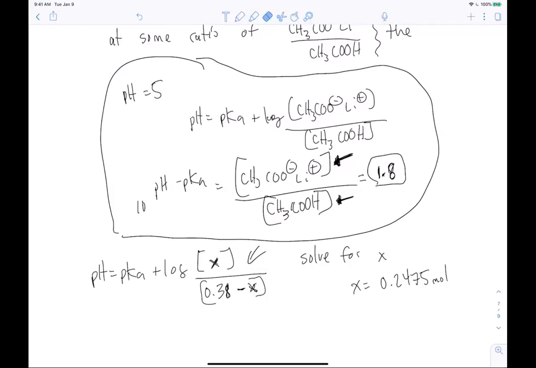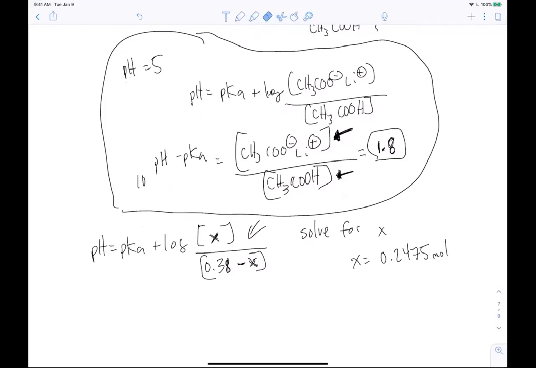Actually, I think we don't even need the Henderson-Hasselbalch equation here. We just know that this holds true.